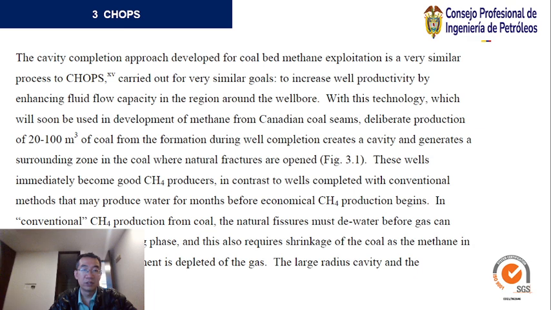In conventional CH4 production from coal, the natural fissures must dewater before gas can create a continuous flowing phase, and this also requires shrinkage of the coal as the methane in the near wellbore environment is depleted of the gas.